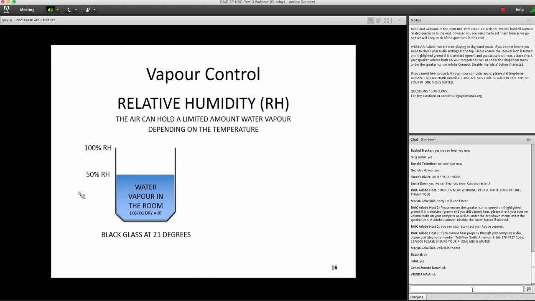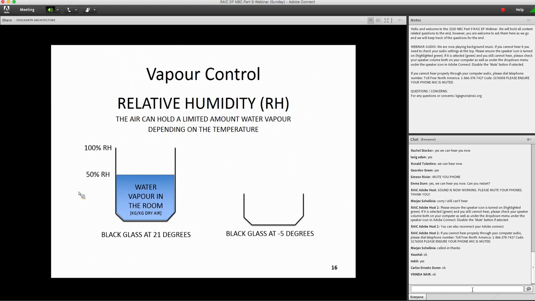As I mentioned before, the glass has these magic capabilities. When it gets hotter, the glass gets larger. The same way, when it gets colder, the glass gets smaller.